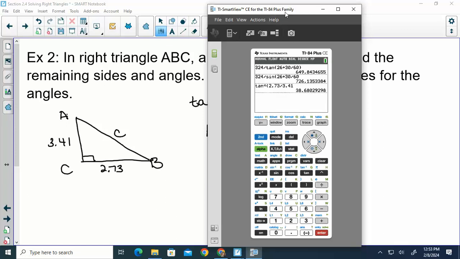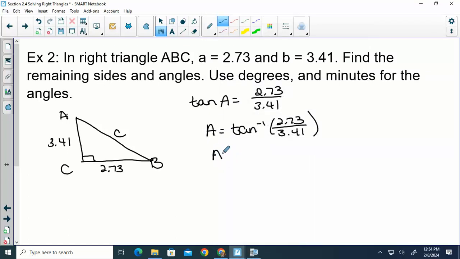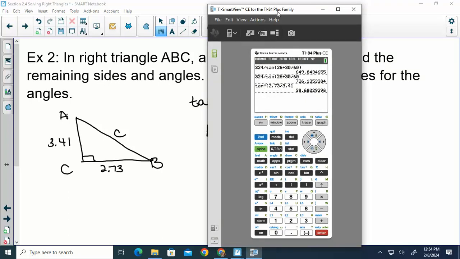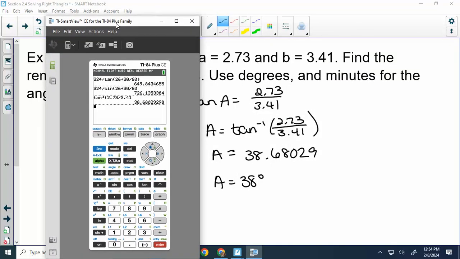Alright, so we get 38.68029. Okay. But I said degrees and minutes, didn't I? So that would be 38 degrees. You take your decimal times 60 to get your minutes.